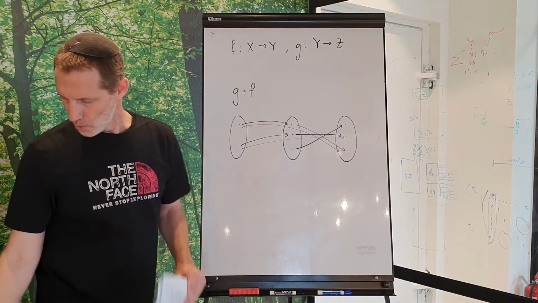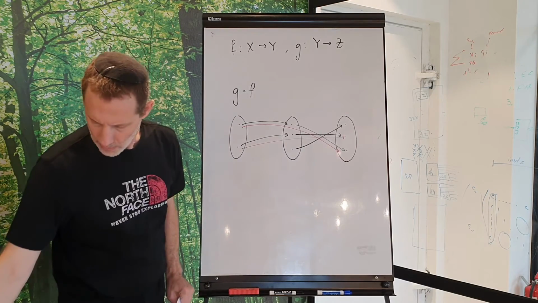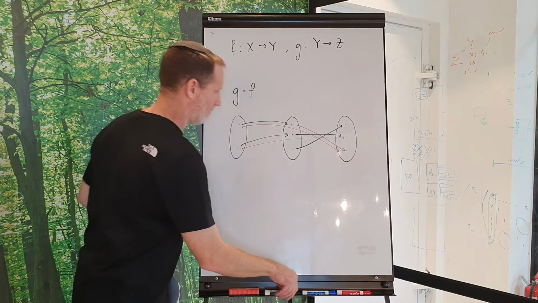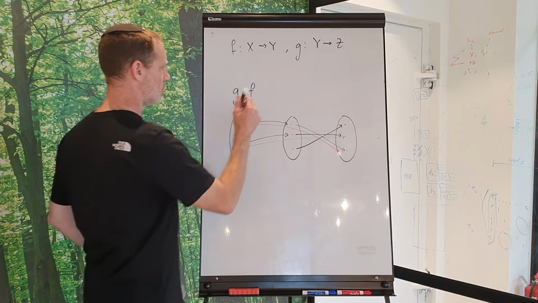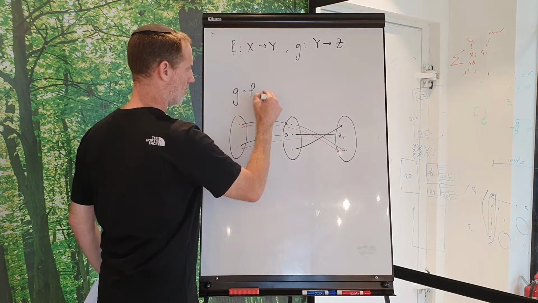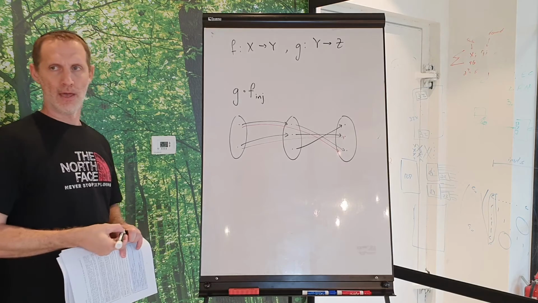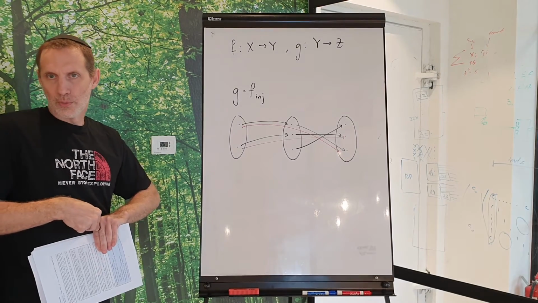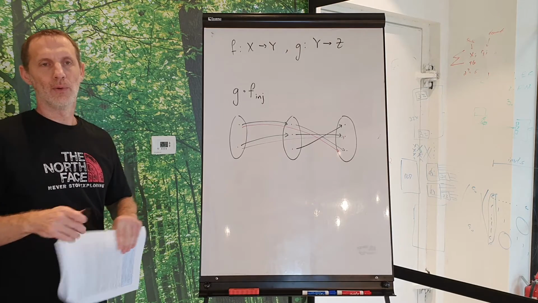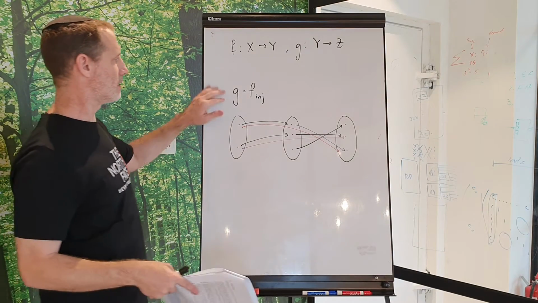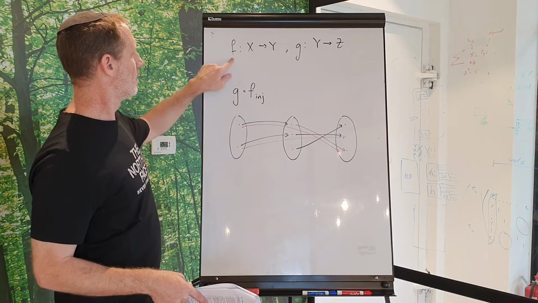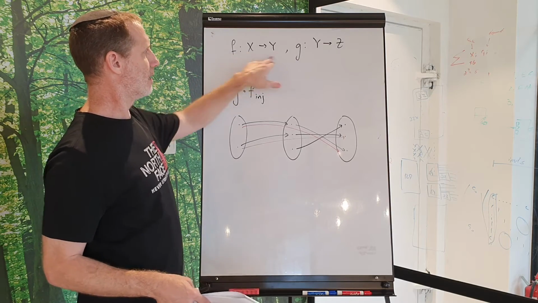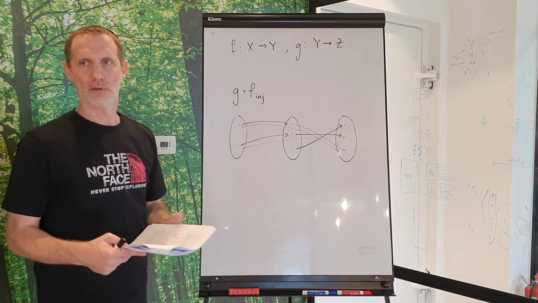We first say that the composition is injective, and then we ask: do they both need to be injective? If this is injective, what can I say about f and g, if anything?